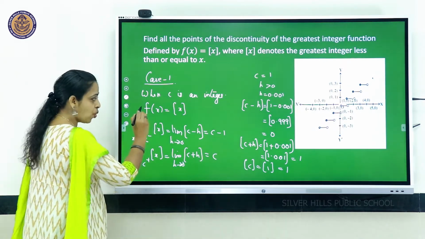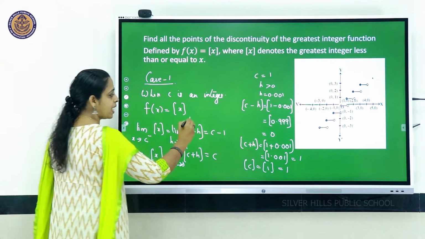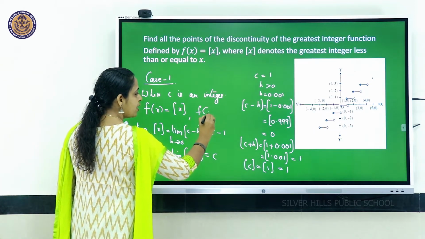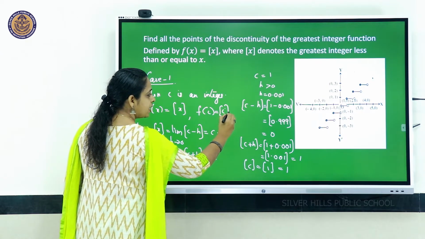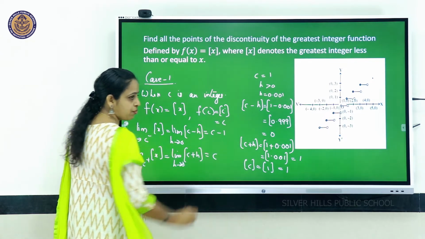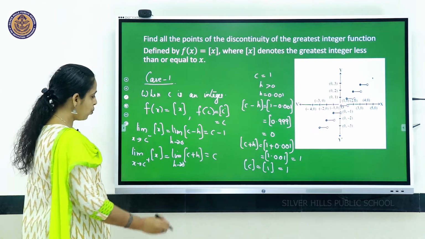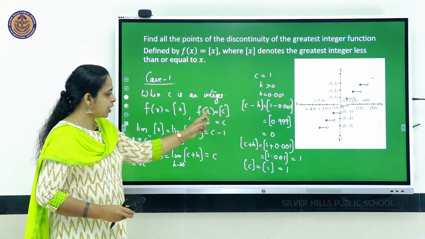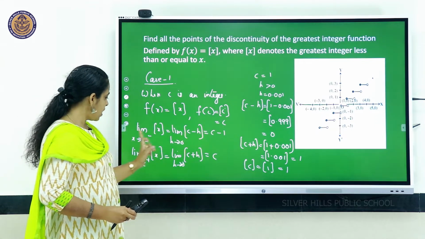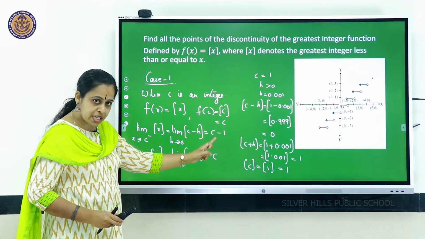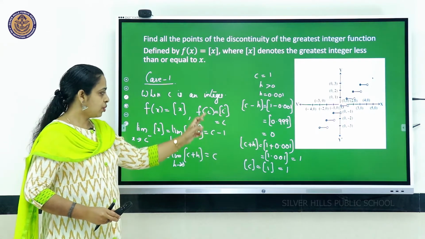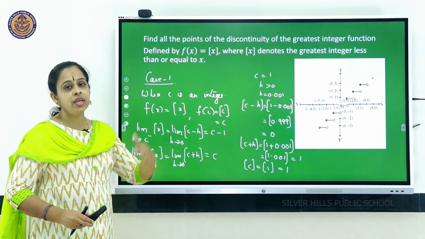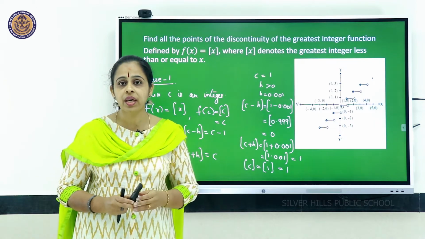And the value of the function, here we can see f of c will be equal to box of c, and being an integer it is equal to c itself. Now the value of the function at c, left limit is c minus 1, right limit is c. You can see they are not unique, 3 of them are not unique.